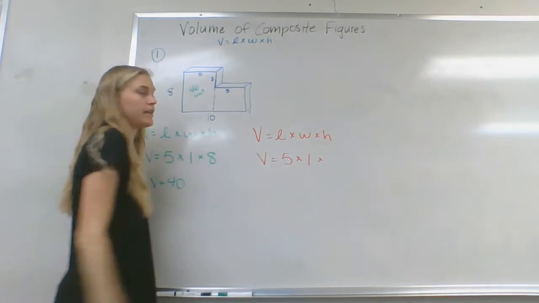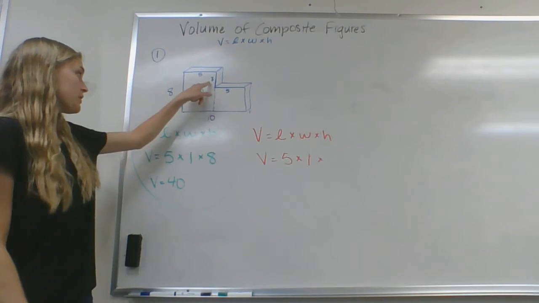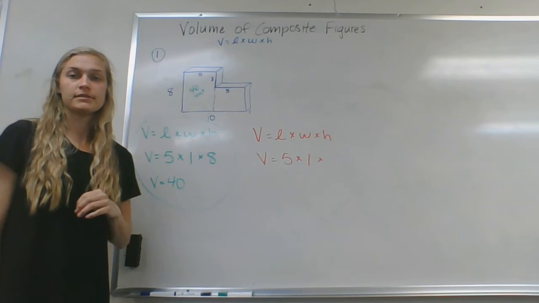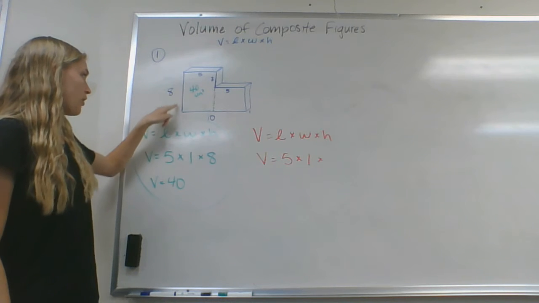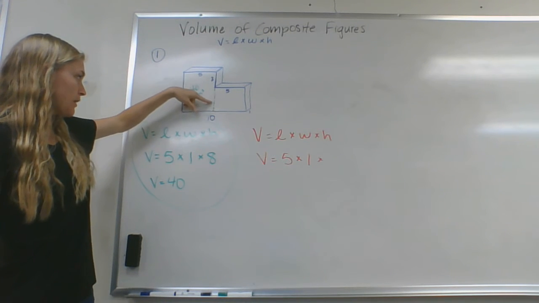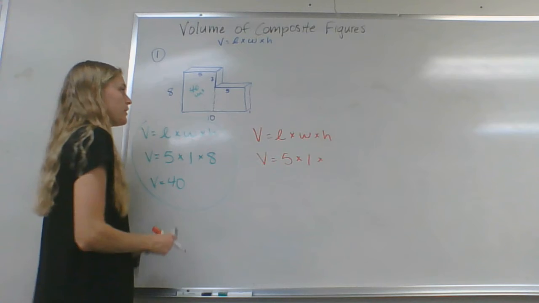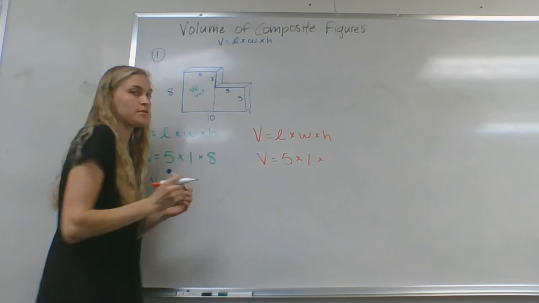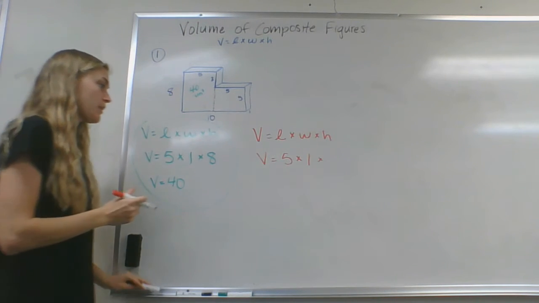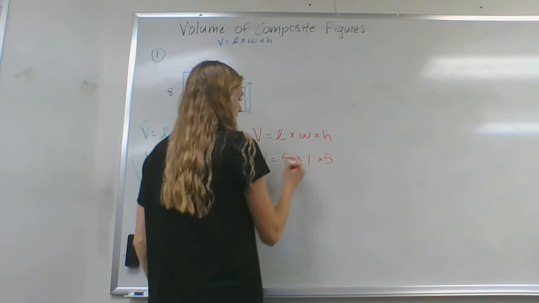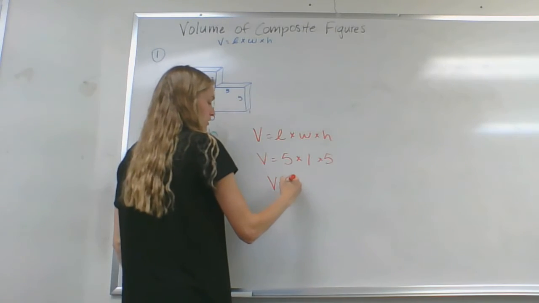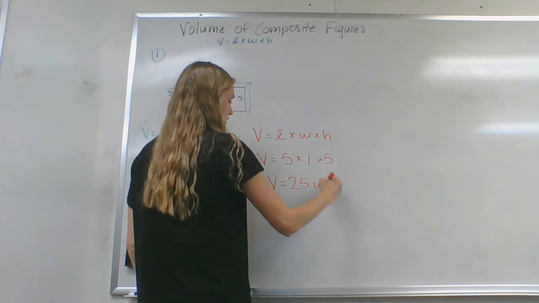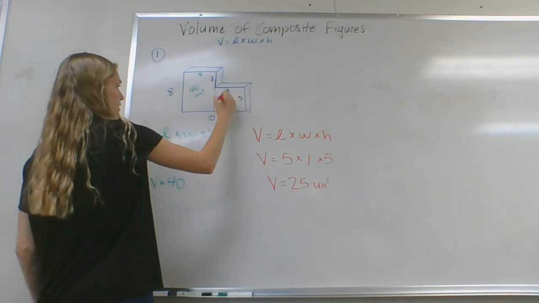Again, if you're not given that, you will have to figure it out based on this 3 and that 8. So if this is 8 all the way across and that is 3, then the rest has to be 5 so that it equals 8. So sometimes you might have to figure out some of this dimension. So it is 5, so that's 5 times 5, which is 25 units cubed. So that's what this section is.